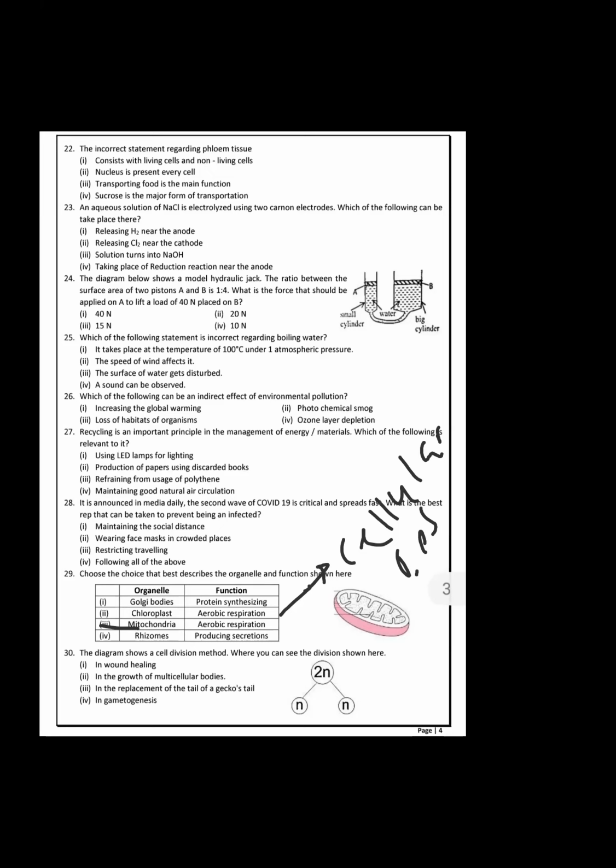13.1. The diagram shows a cell division method, where you can see the division shown here. It helps in the growth of multicellular bodies, in the replacement of tail and gametes, and in gametogenesis. What is the answer?